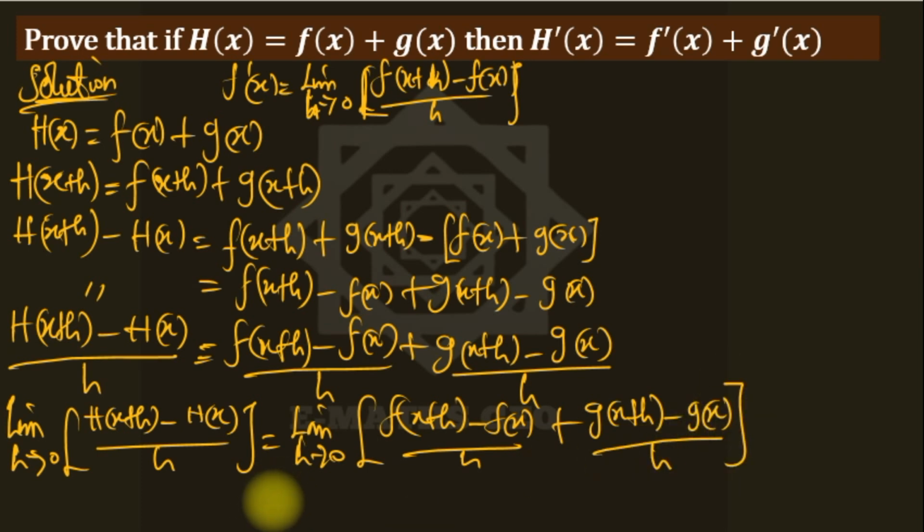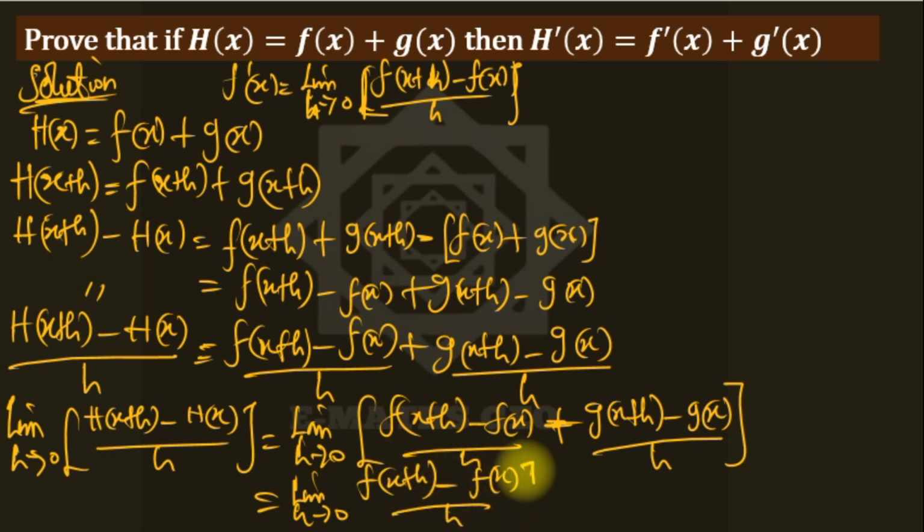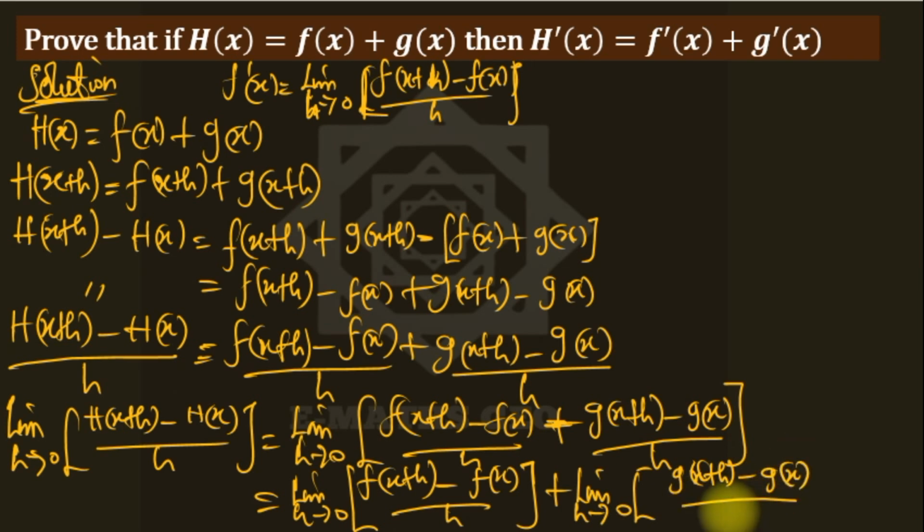And we know that the limit of a sum is the sum of their limits, so we'll get individually, that's for this over h. And for the second one, the limit as h tends to 0 of g of x plus h minus g of x over h.